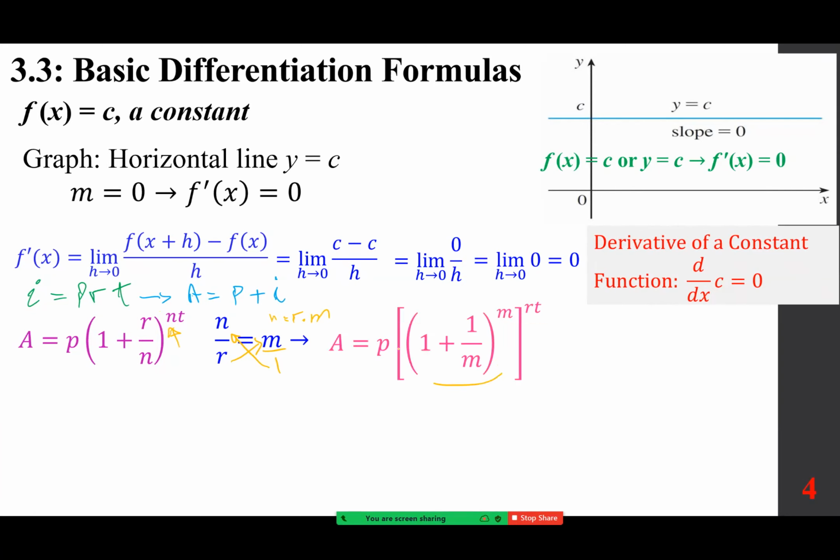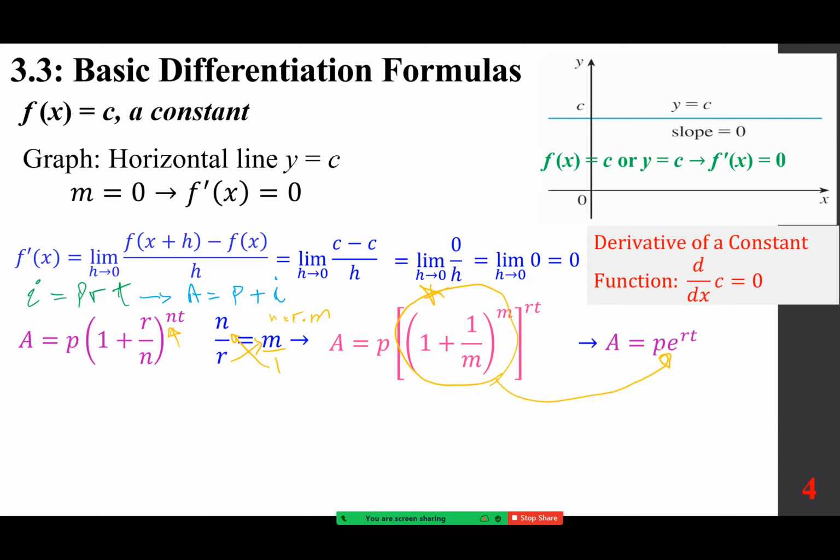The reason we separate this, and this is what we've done in algebra, is to say that now if we compound it indefinitely, continuously, it becomes P e to the power of RT.